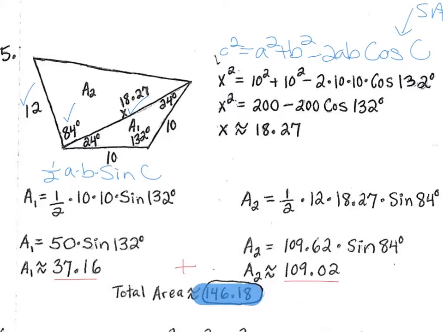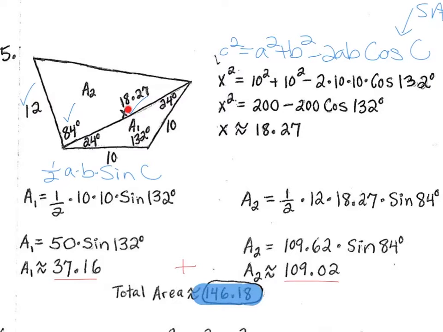So let's go back through what we did for those calculations. Notice that we split the quadrilateral. We used the given information to find the area of the bottom triangle. Then we used that same given information, side angle side setup, to find the opposite side of the angle that was given to us.